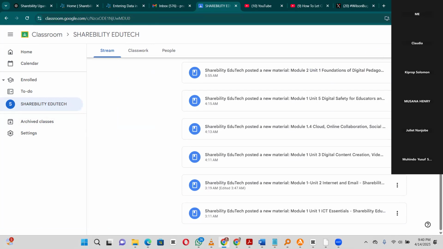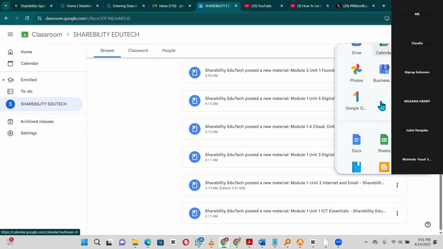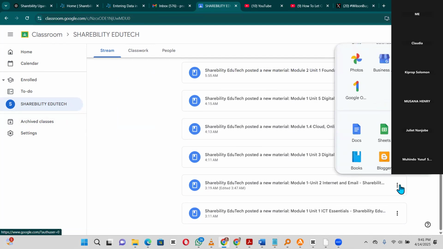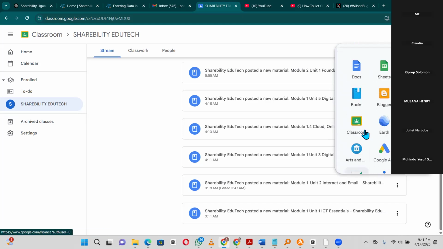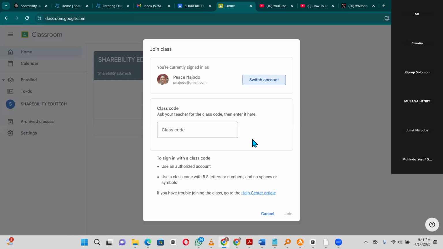To join, all you have to do is go to your email and scroll down. When you scroll down, you'll be able to see Classroom. When you click on Classroom, here I have already joined. It's going to ask you for the class code.